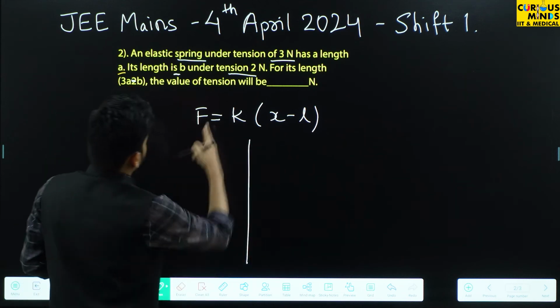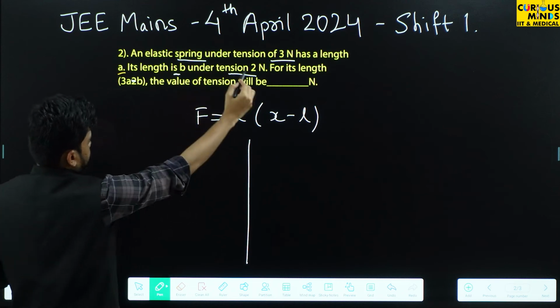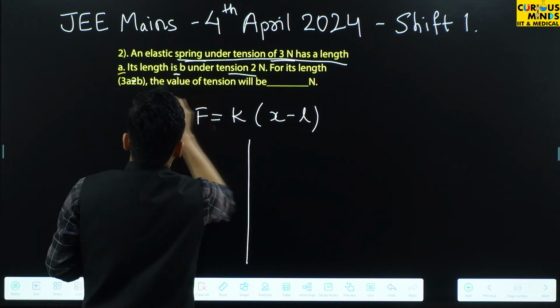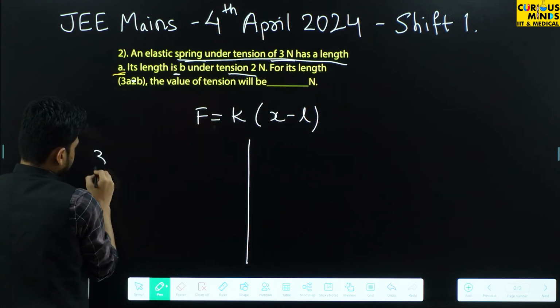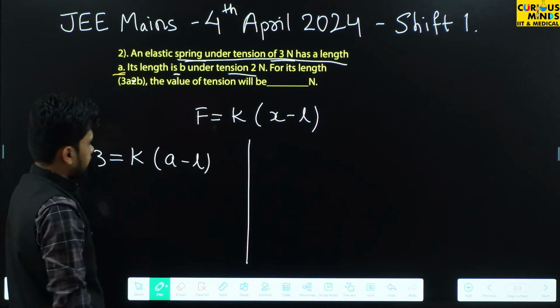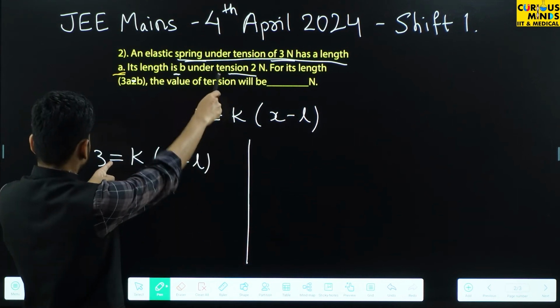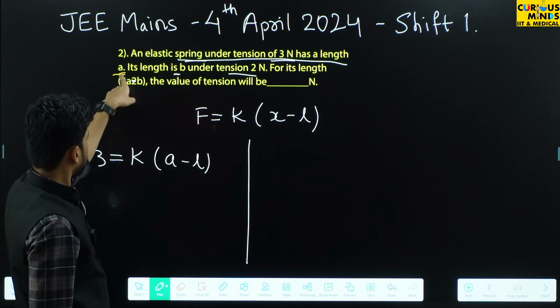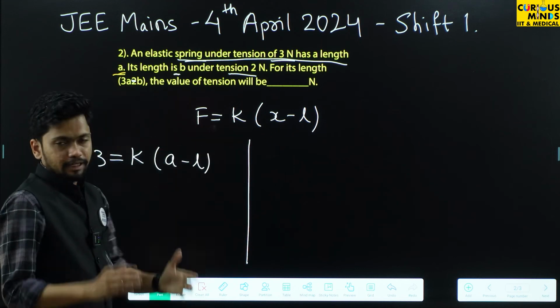So let's write down the information and see what we get. We can conclude that 3 is equal to K into (a minus L), because 3 is the force in newtons, K is the spring constant, a is the corresponding length, and L is the initial length.